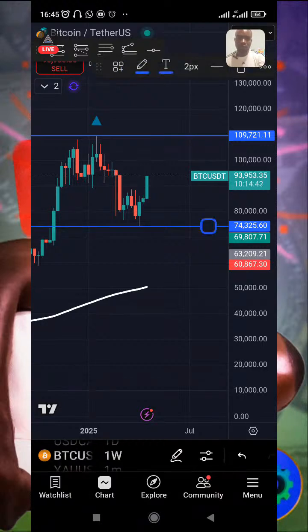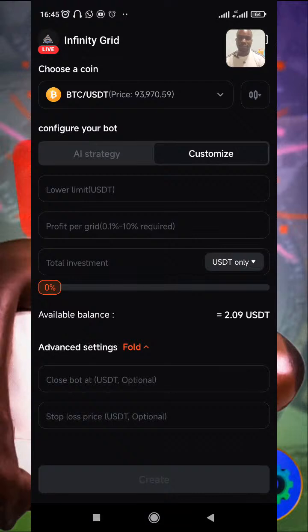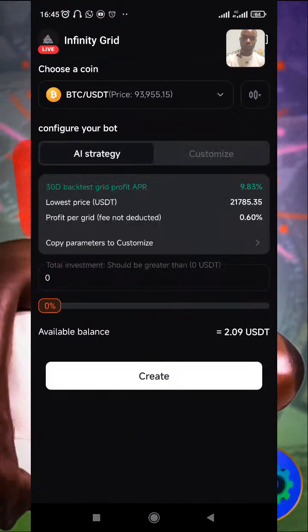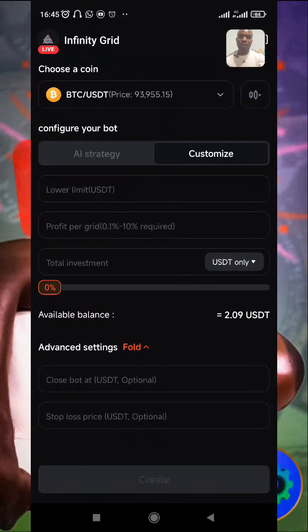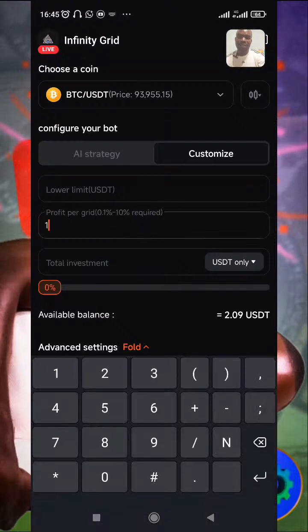So when I have it at 74K, and then I choose my profit per grid. So I said earlier that the AI strategy, which you can see here, sets your profit per grid at 0.6%. So mine, I'd say I want to set mine at 1% per grid. Then the lower limit, we are choosing 74K.